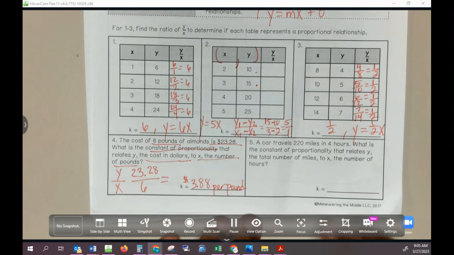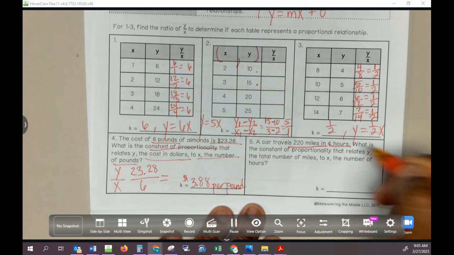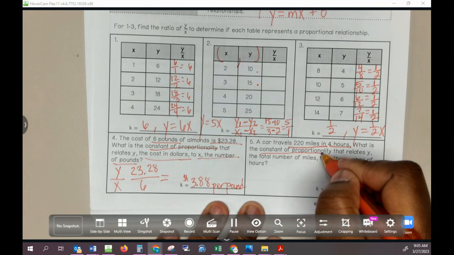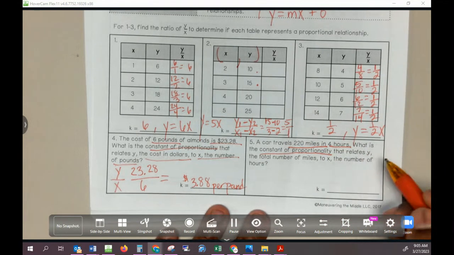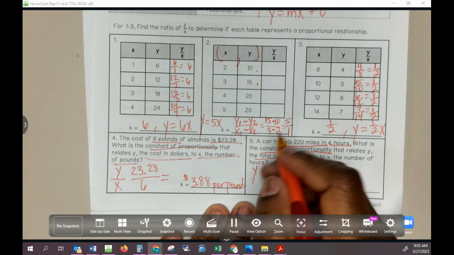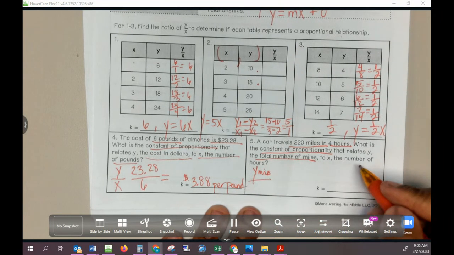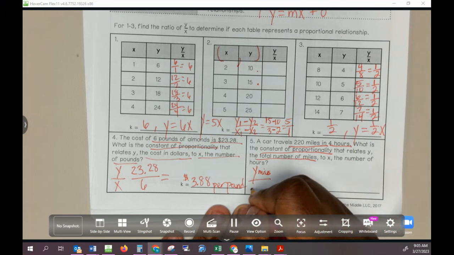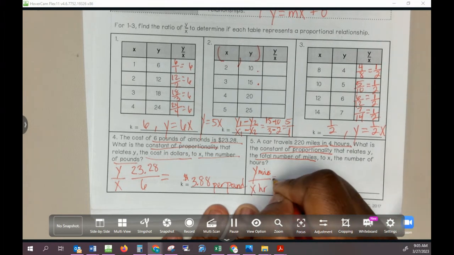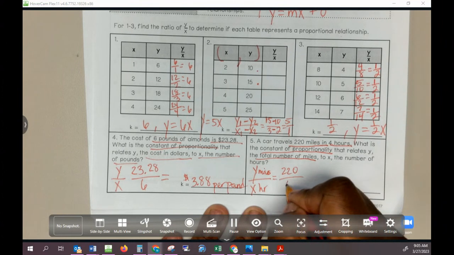So when we look at number 5, a car travels 220 miles in 4 hours. What is the constant of proportionality that relates y, total number of miles, so my y is miles, and my x is the number of hours. So miles is 220 over 4.